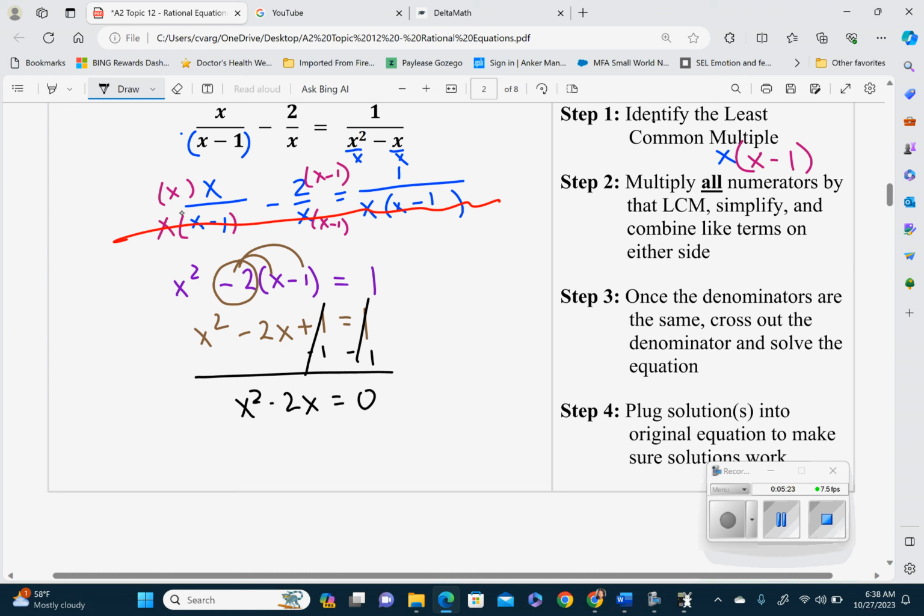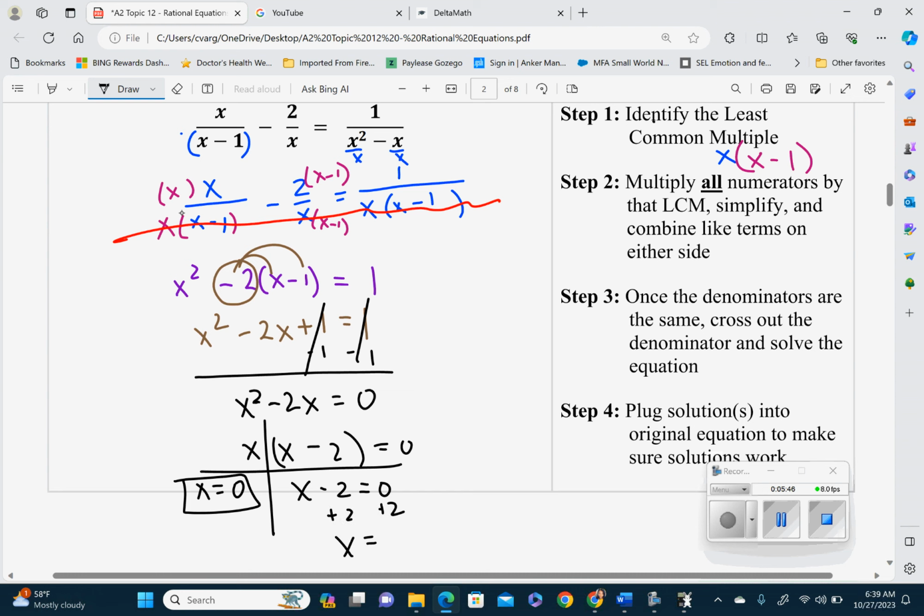There's an x that's common in both. If I divide this by x, I get x. If I divide this by x, I get minus 2, equals 0. Almost done. Set each of these equal to 0. So x equals 0 is one answer that I think, and x minus 2 equals 0, add 2, and I get x equals 2 as my other answer that I think.